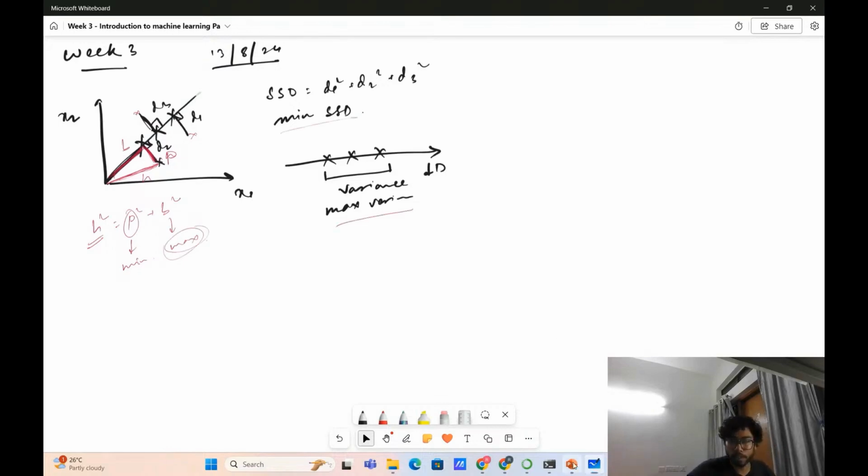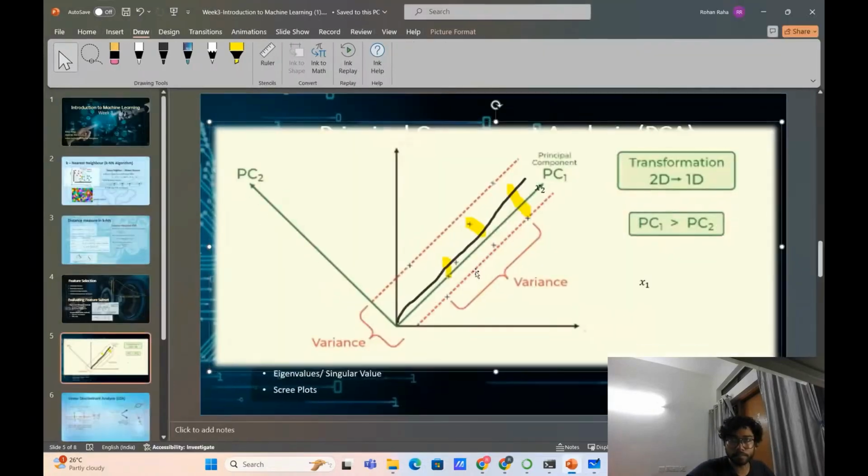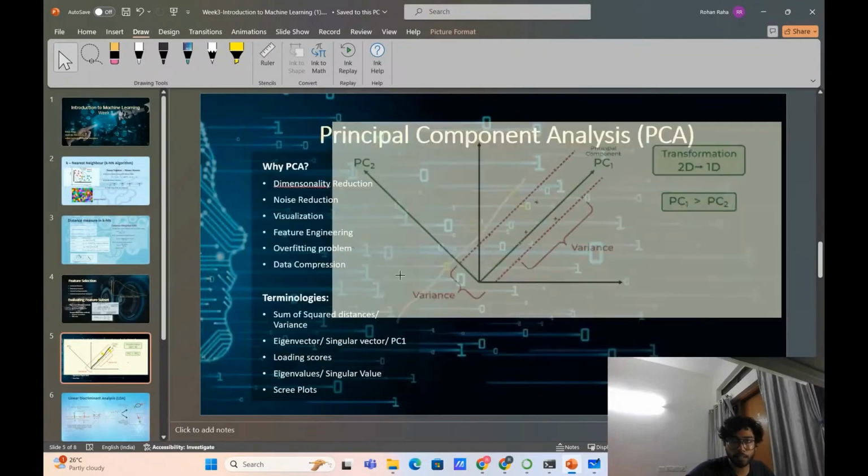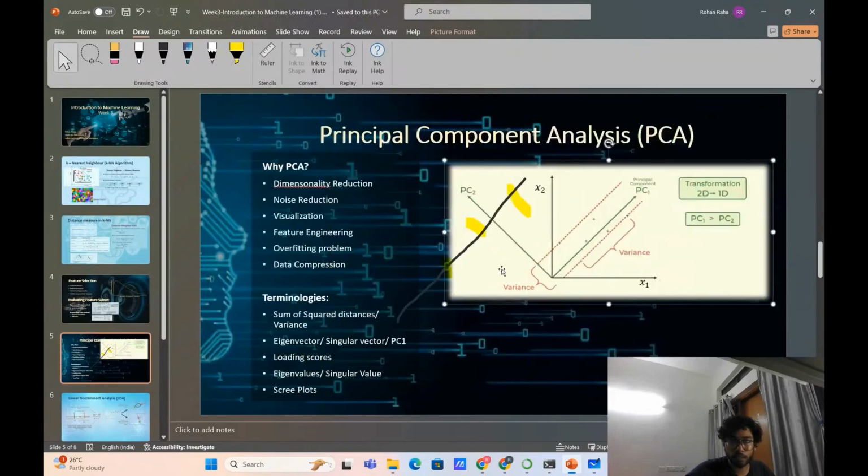Okay. So what is the third terminology? Let's see. So the third terminology is eigenvector. Okay. So if you see from here, what we are doing actually, if you are familiar with linear algebra, it is good. But if you are not, what we are doing is, we are taking a part of the x1 dimension and a part of the x2 dimension to create this new dimension.